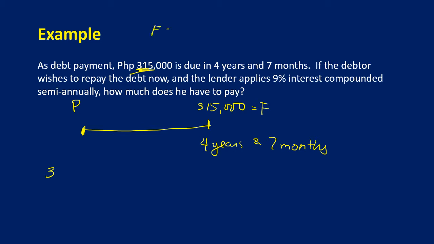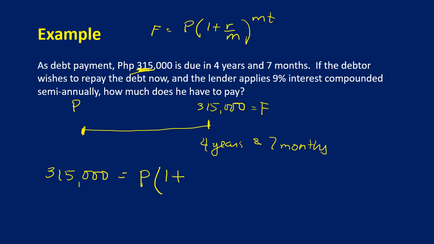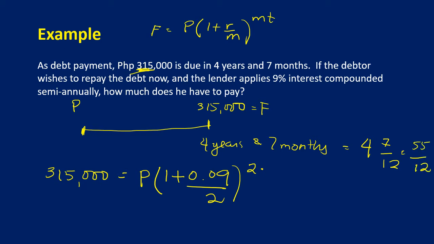Our formula is still the same: P times 1 plus R over M raised to MT. So let's plug in: 315,000 is equal to, we do not know the present value, times 1 plus 0.09 over 2 raised to 2 times, this is 4 and 7 over 12, correct? Or 55 over 12.